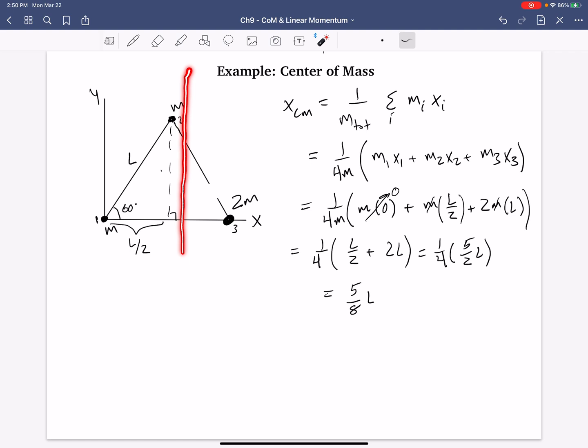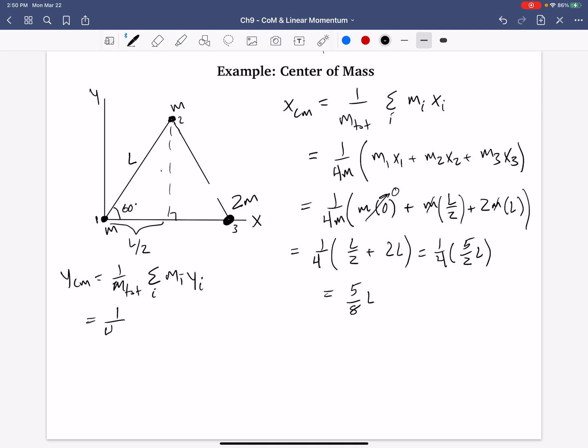Now let's find how high it is, the y coordinate. The exact same algorithm: 1 over the total mass times the sum of all masses, m sub i, times their y position, in other words y sub i. The total mass was 4m, so that doesn't change.